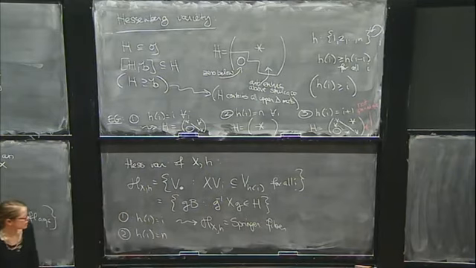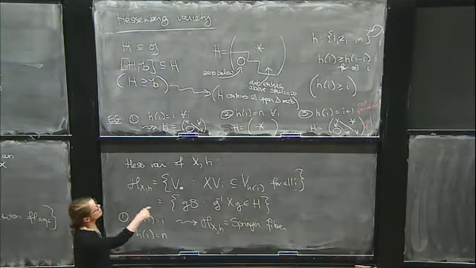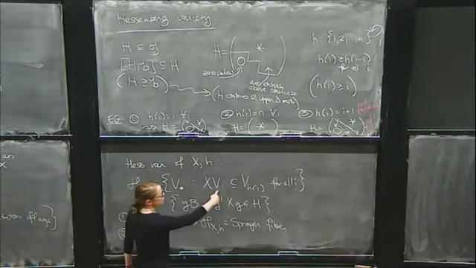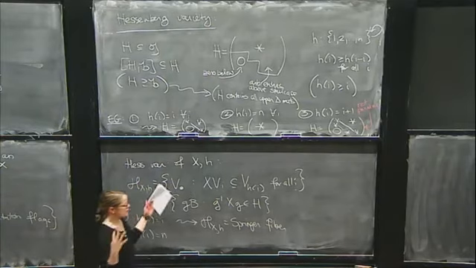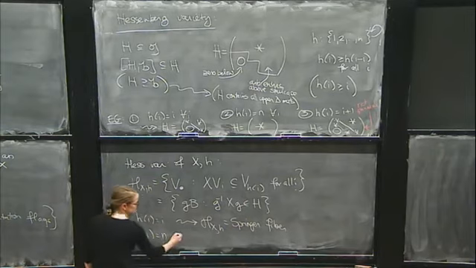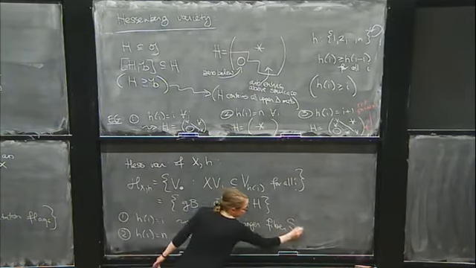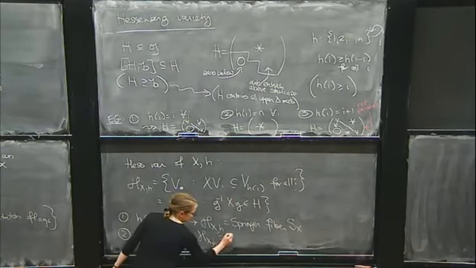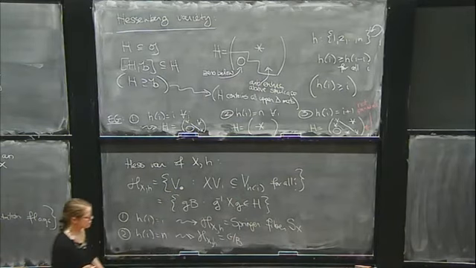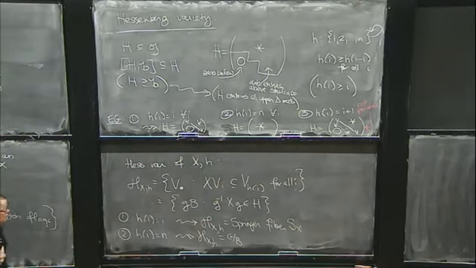When h of i equals n, we're saying that x sends the ith part of the flag into the entire vector space. So that's also trivially satisfied. So that recovers the full flag variety, regardless of what x was.